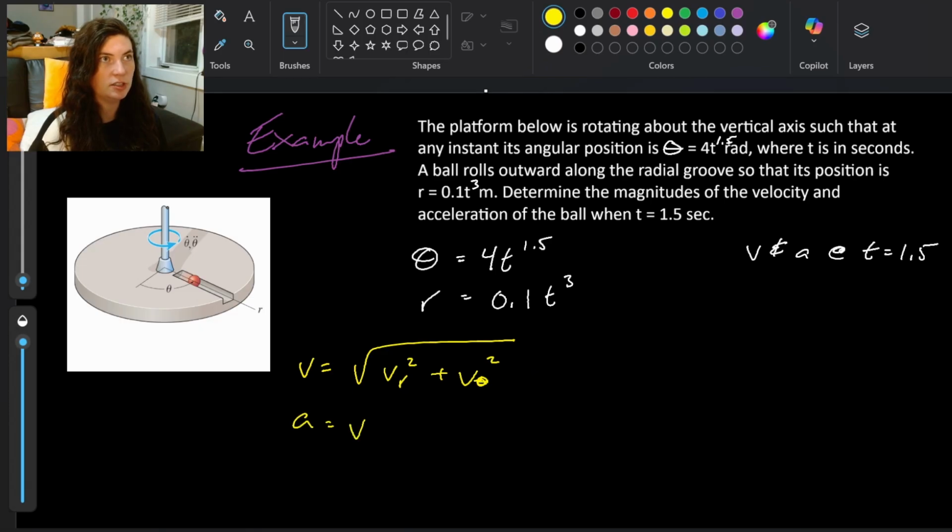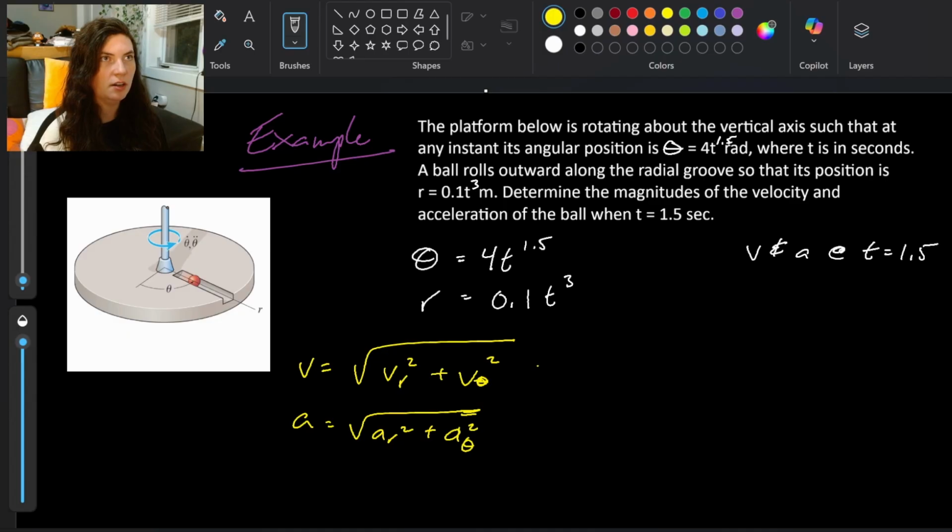And our acceleration is the square root of the r component of acceleration squared plus the theta component of acceleration squared. Right, so we have those. Does that help us much? Not really. We still need to know what to grab. What is v_r? What is v theta? What is a_r? What is a theta?